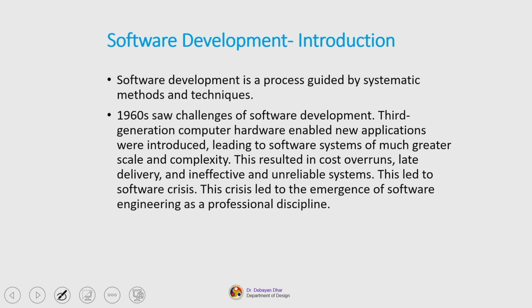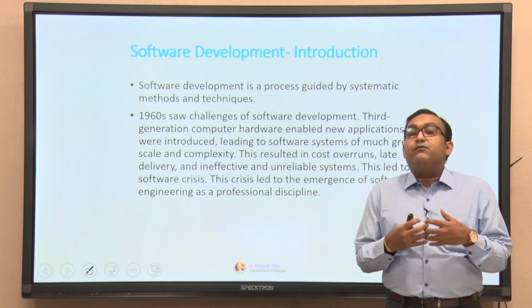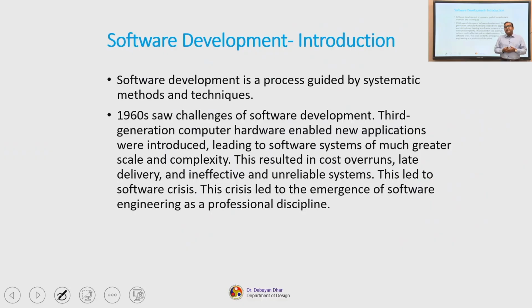When we talk about software, essentially what we refer to is a product in itself, but we hardly realize the amount of work and processes involved in developing it. The 1960s saw the emergence of challenges for software development, driven primarily because the third generation of computer hardware enabled new applications and new technologies, and this led to software systems of much greater scale and complexity.